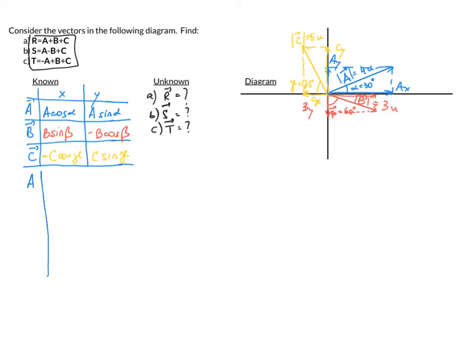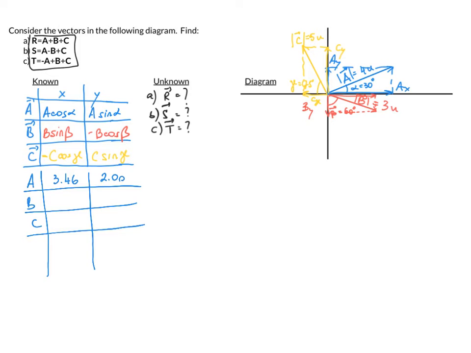So I have A, B, and C. When I plug in the numbers, I end up with ax as 3.46 and ay as 2.00.